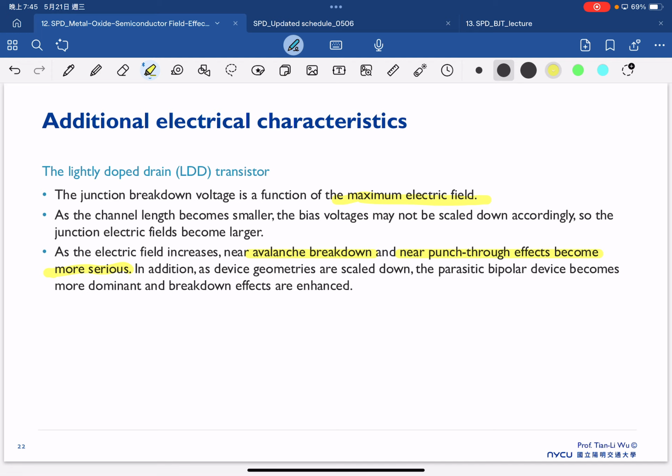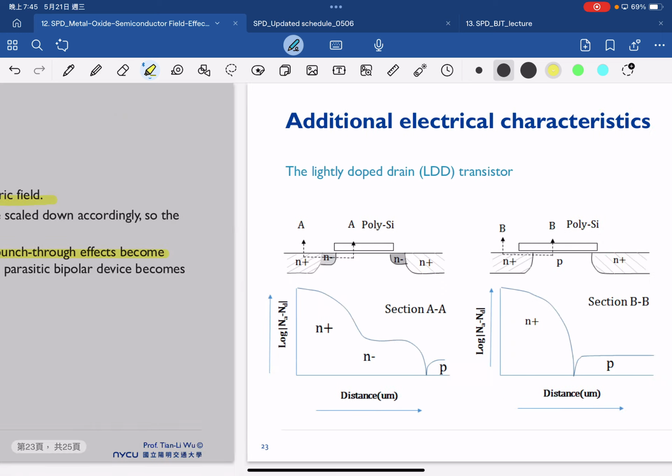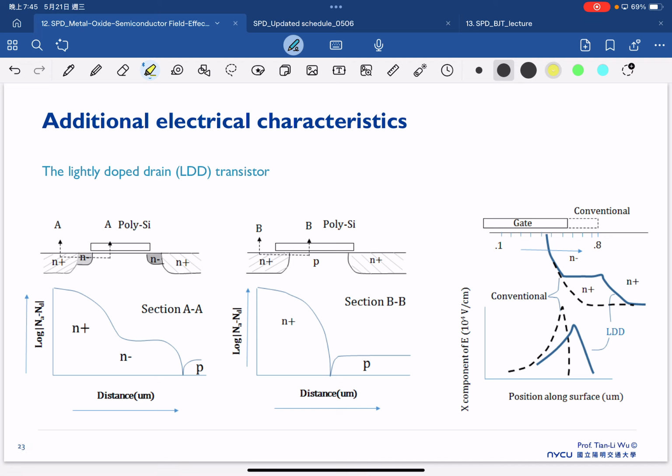So this is an issue that we need to try to solve. To solve this issue, we will consider a transistor design that we call the LDD, the lightly doped drain. So here is a schematic for the lightly doped drain. This is the original transistor, but now we put a smaller N- in this region. This is what we call the LDD. The lightly doped drain can effectively reduce the electric field.